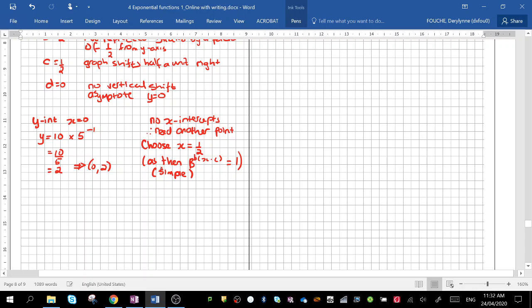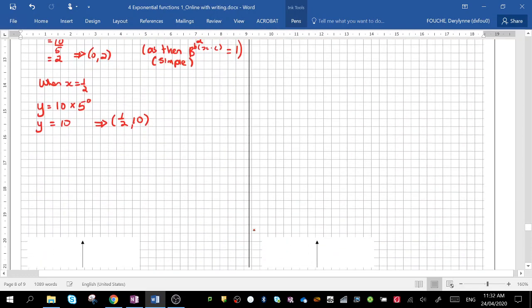You want to keep your life as easy as you possibly can. Okay, so when x equals a half, let's have a look. What will y equal to? Y equals 10 times 5 to the 0 then. So y is equal to 10. So my second point will be at a half and 10.